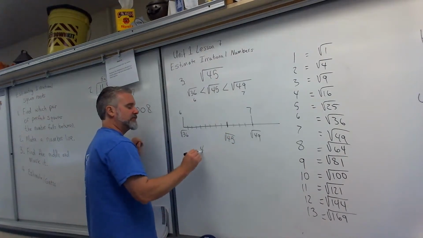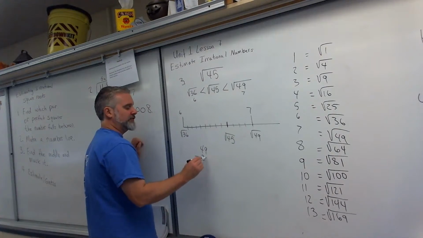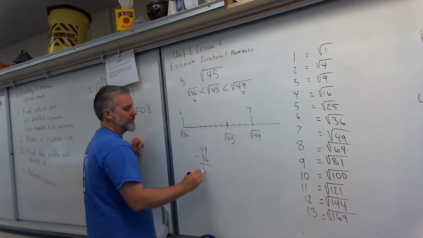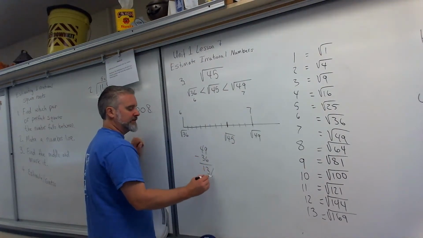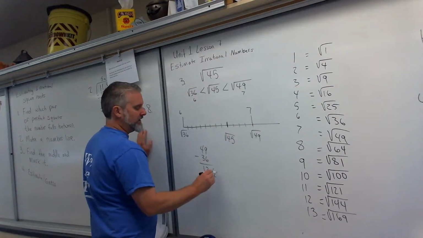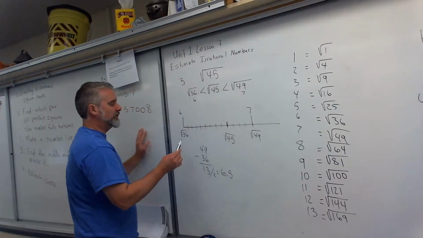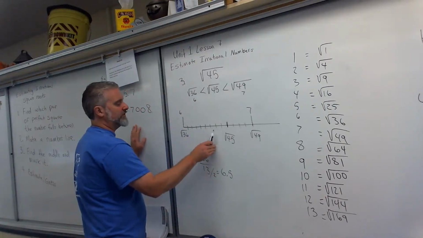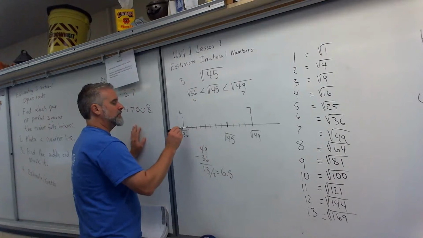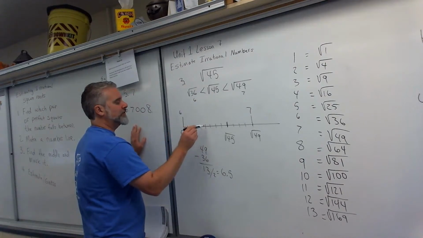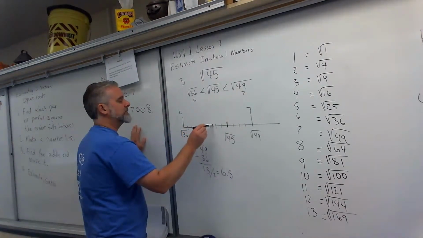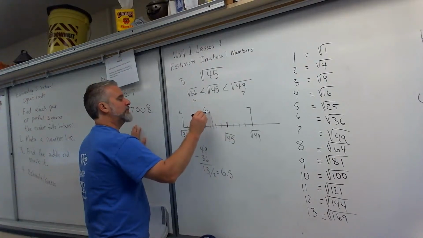The difference, 49 take away 36 is 13. 13 divided by 2 to find that midway point is 6.5. So now I'm going to count over 6.5 spaces and make my mark. 1, 2, 3, 4, 5, 6.5. So here's my 6.5 marker.